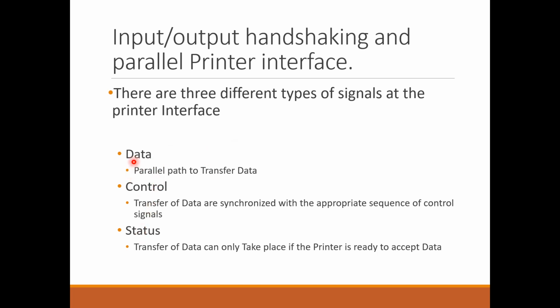The data signal is some parallel lines which are used in order to transfer data, and the control is something which is synchronized with the data. Whenever the data is going to be transferred, the control signal must take place simultaneously, and the status means the data transfer can't take place if the device is not ready, so it can only take place whenever the printer is ready.